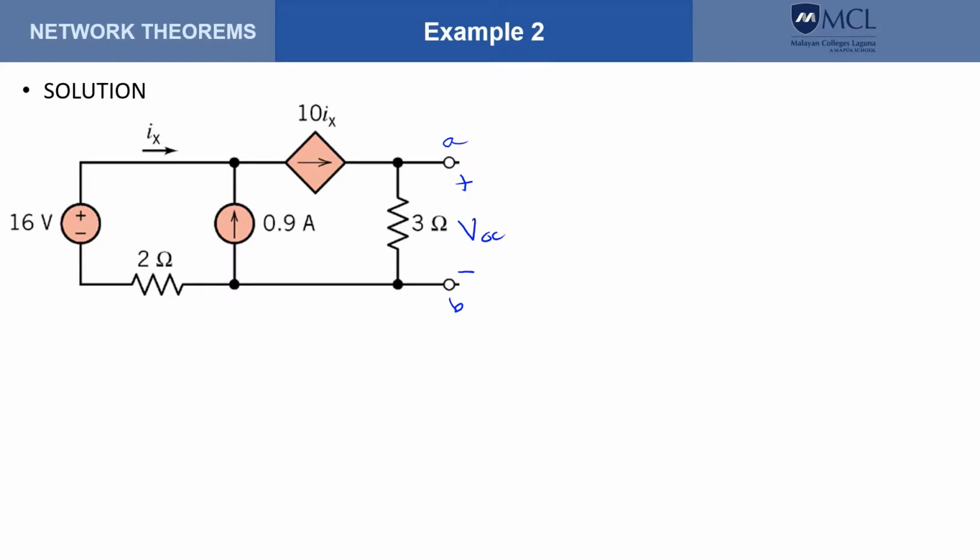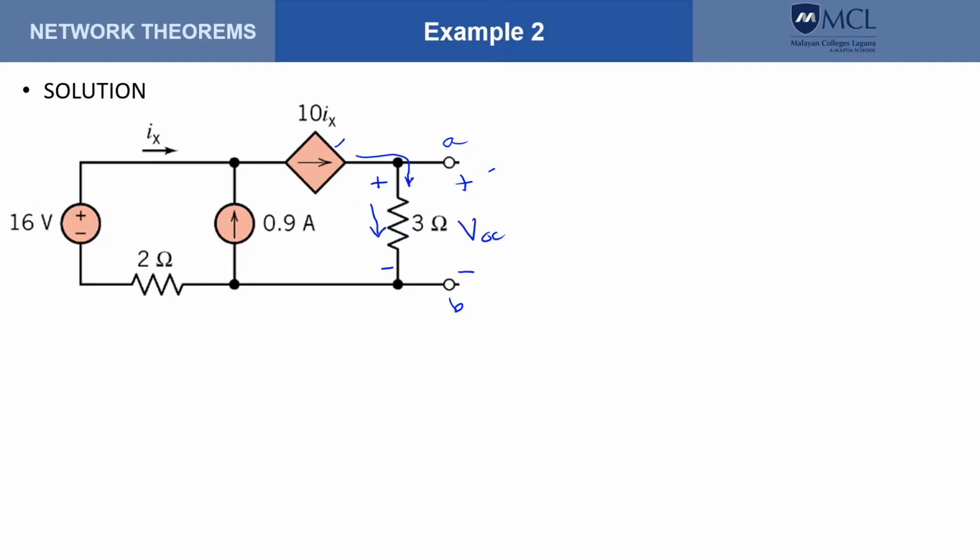Take note that VOC is also the voltage across the 3 ohms. So if I can find this voltage here, that will be VOC. To get the voltage, I need to know the current here. Now, since the circuit is open here, that means that this current 10Ix will simply flow directly to the 3 ohms.